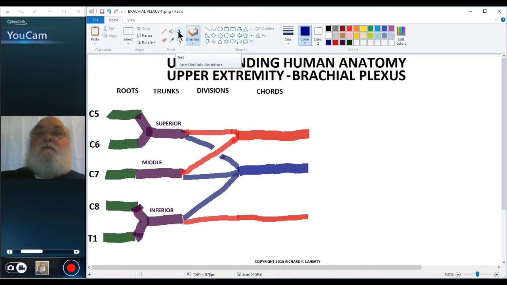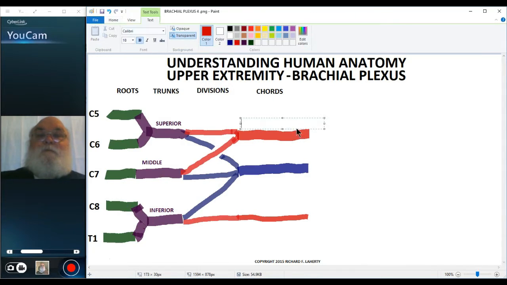So let me put some labels in here. This is the lateral cord. This is the medial cord.